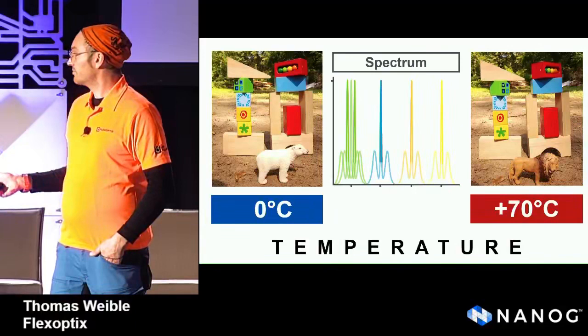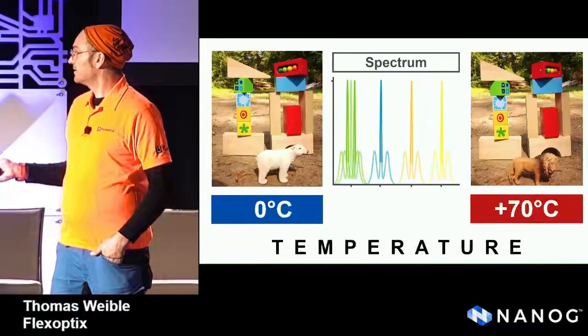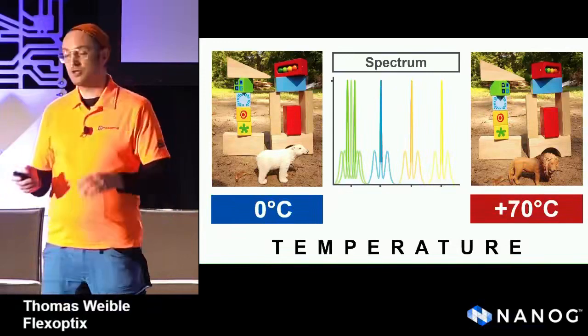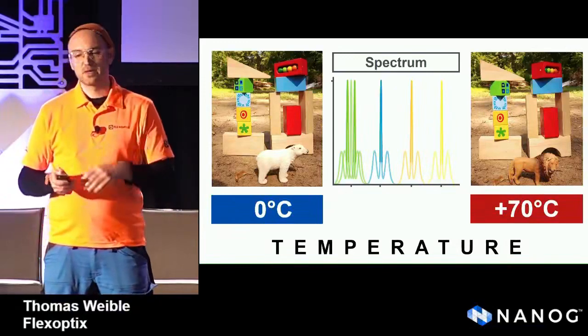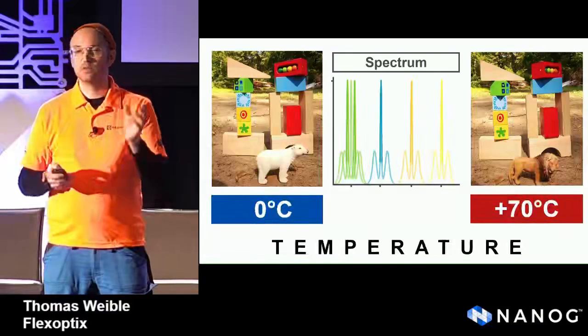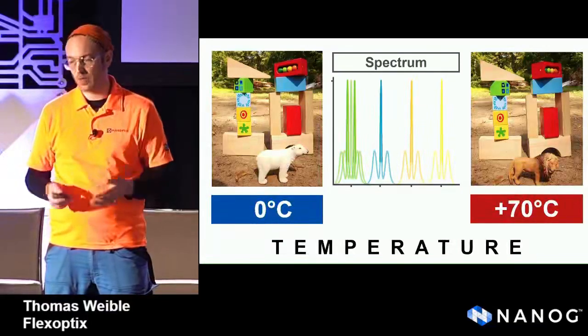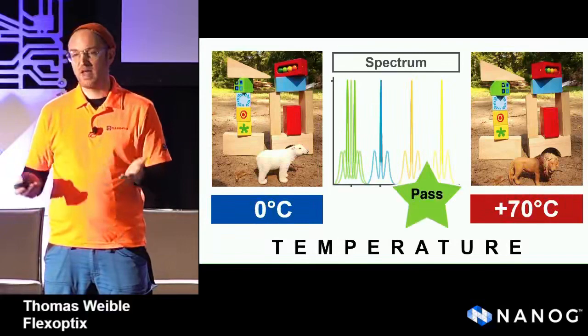at 0 degrees centigrade and also at 70 degrees centigrade, and we see, well, the green laser here, when we change the temperature, it's going to be drifting away a little bit, but at a certain time it will stabilize. We could say, well, okay, it passed the test.